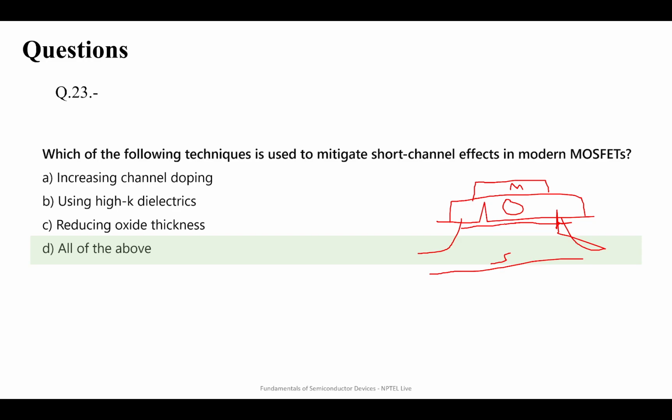So if you increase the channel doping, you will increase the amount of current that you are getting, and it will basically increase the barrier. So how, basically, a MOSFET is typically used as a logic gate device, as a switch.